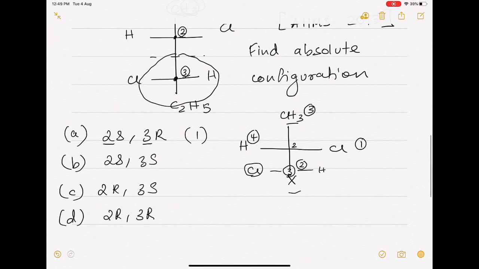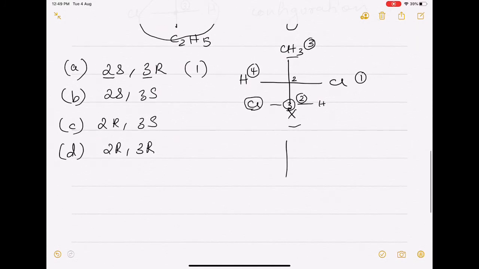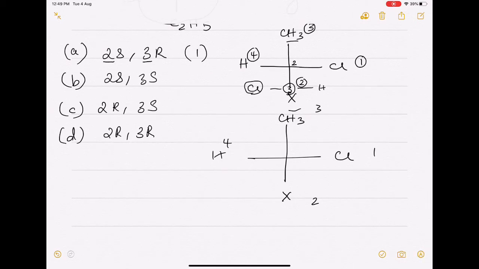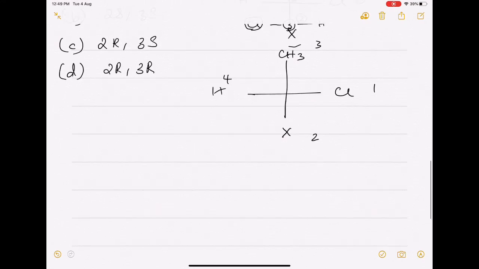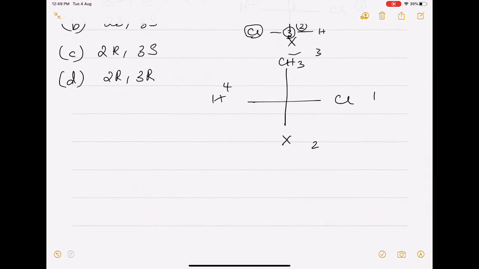Now let me draw a clearer version: chlorine, hydrogen, CH3, and this is the group X. 1, 2, 3, 4. As I said, we need to rearrange this in such a way that the fourth group comes down. So now let's move this here, and this here.